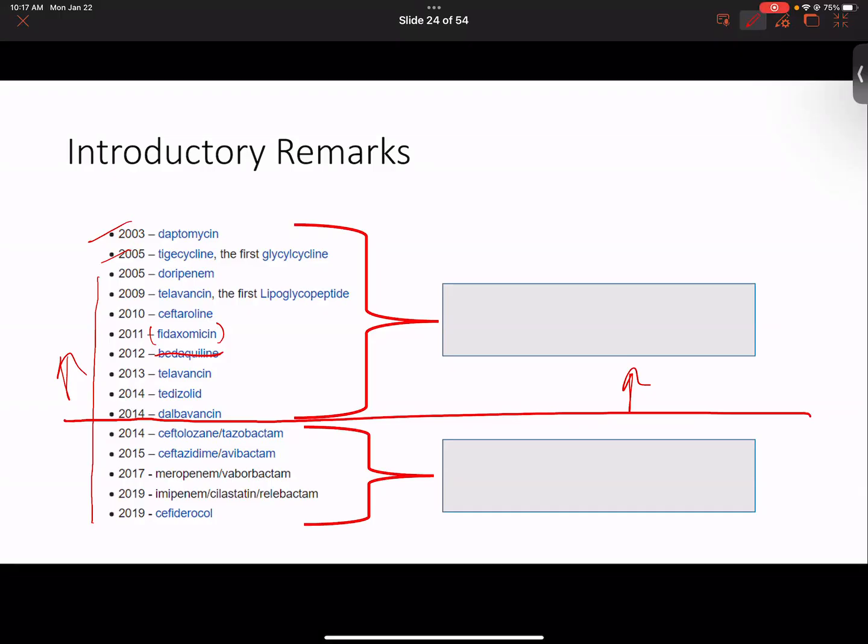So if we're using that lens, what organism do you think the drugs listed at the top there are really focused on? Yeah, MRSA, MRSA in particular. Can they be used for other organisms? Yeah, MRSA is probably the most common. Some of these are used for VRE, vancomycin-resistant enterococci, but difficult to treat gram-positive organisms represent the preponderance of indications for these top agents.